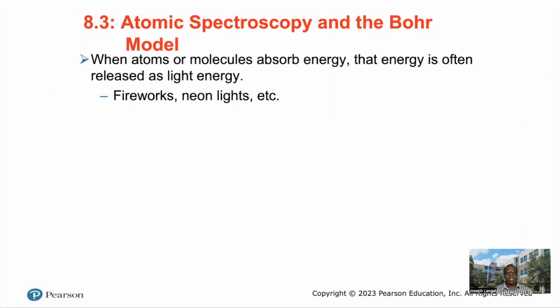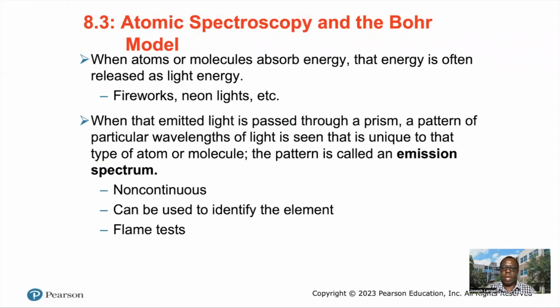Once they get excited, they emit light of different colors, or photons of light with different wavelengths. And you will see green or yellow or red, depending on the wavelength of the photon of light. It has to do with the release of energy.